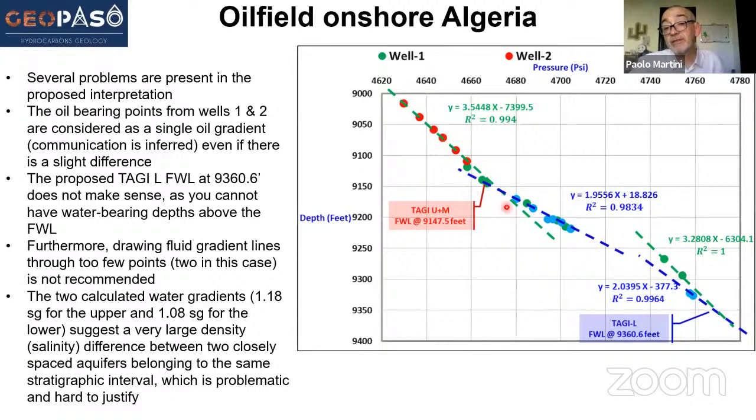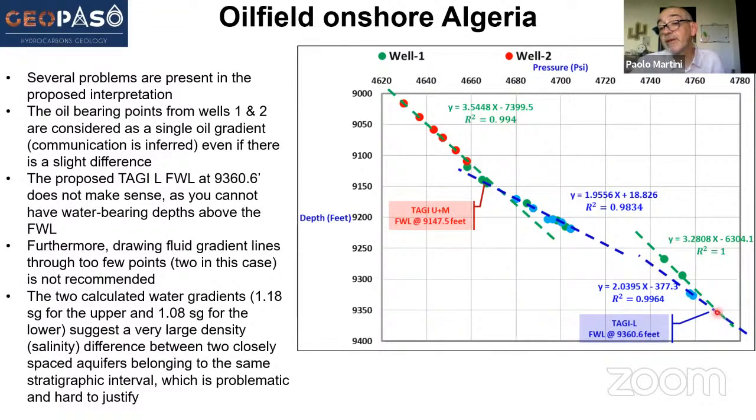Then there is this water line. There is a second water line which has a different gradient. And here they put free water level at this position, 9360.6 feet, but there are water points above the free water level.